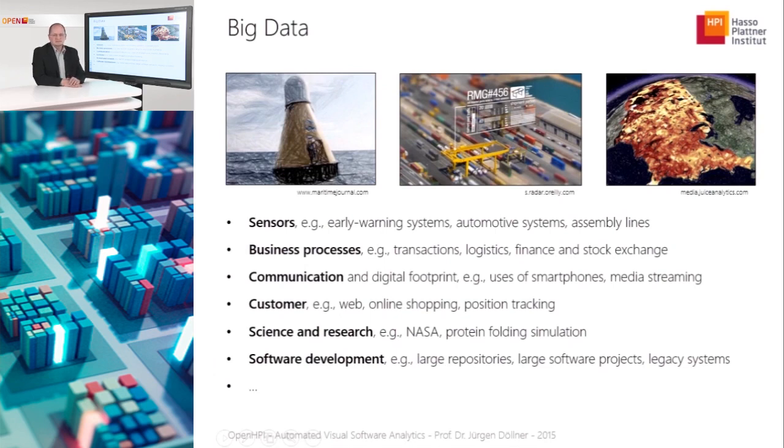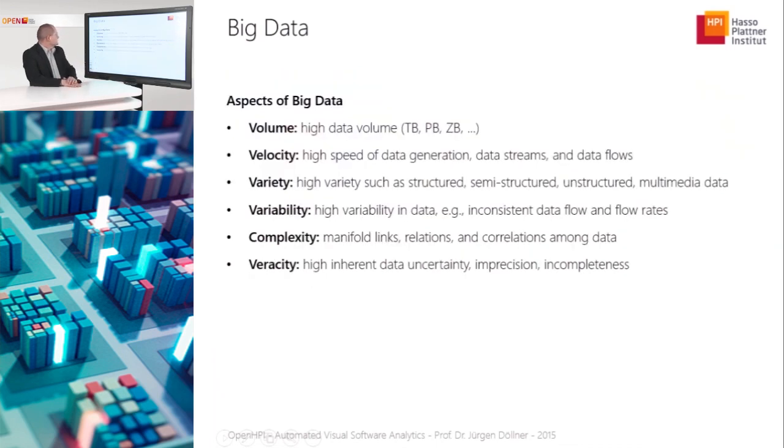What are the characteristics of big data? We can summarize the characteristics by a list of aspects that are typical for big data. It's, of course, the volume, a high data volume typically measured in terabytes, petabytes, or even zettabytes. It's also the velocity, that means the speed at which data is generated, at which data streams and data flows take place.